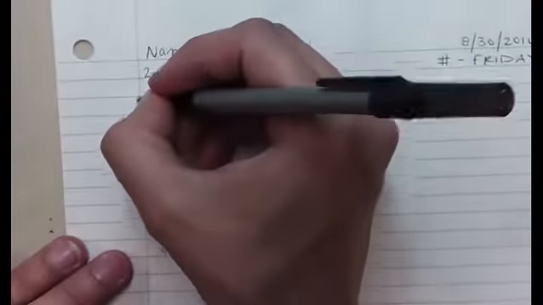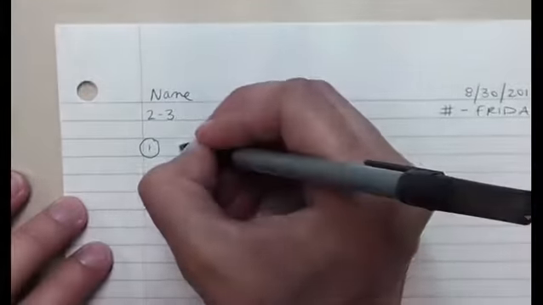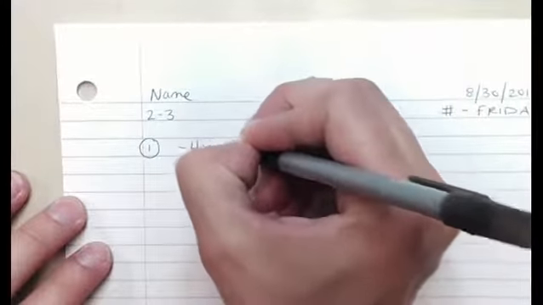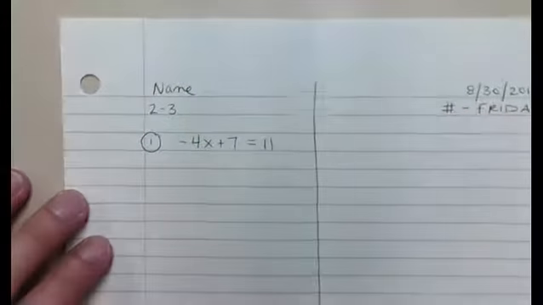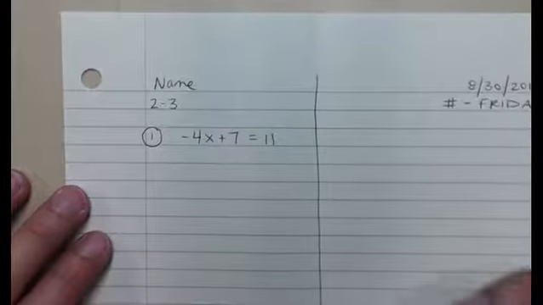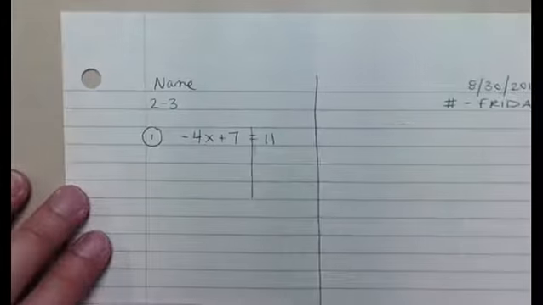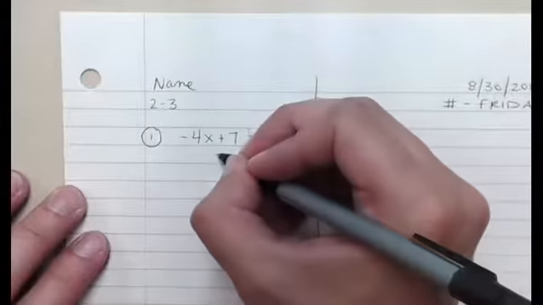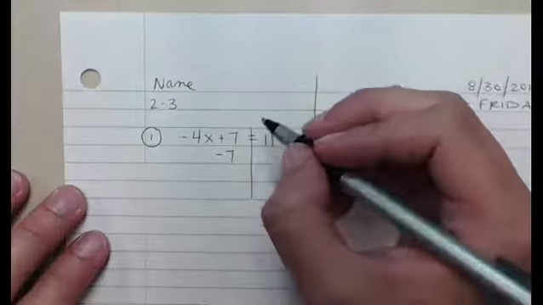So on your paper, put number 1. Okay, the equation is -4x plus 7 equals 11. Again, you must show me every single step that you do. So line goes down the middle. I'm going to take care of the number not attached to the variable. So I'm going to subtract 7 on both sides.